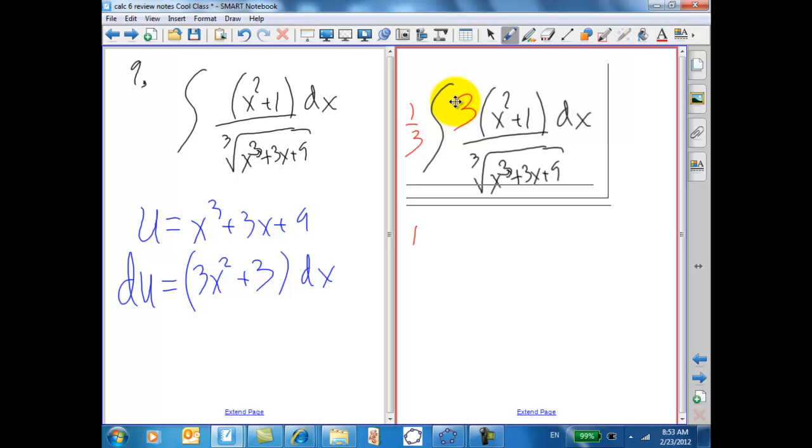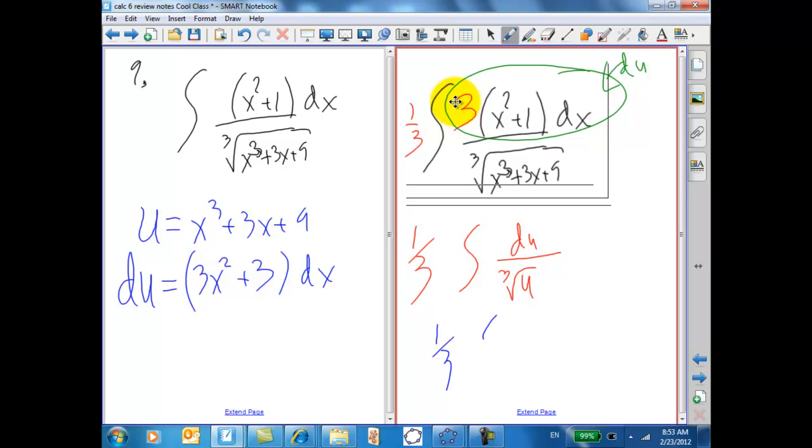So now you can say it's 1/3 antiderivative of, now the whole top is du. And the bottom is the cube root of u. So see that whole idea here? All of this, that's du. You've got to make sure you have du in there. Now, that's 1/3 antiderivative of, how do you take an integral of this thing?